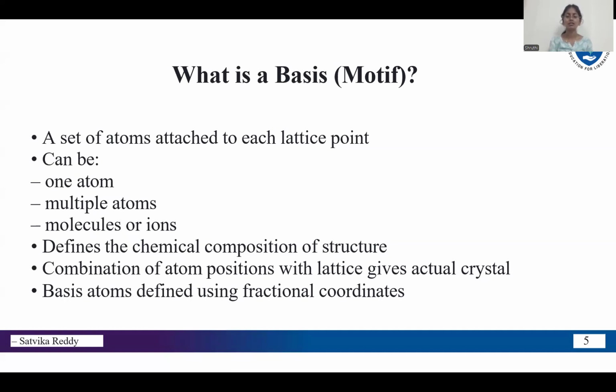Basis representation: if there are k atoms in the basis, r1, r2, and so on up to rk, these are relative atomic positions within the unit cell. A set of atoms attached to each lattice point can be one, multiple, molecules, or ions. It defines the chemical composition of the structure. The combination of atom positions with the lattice gives the actual crystal. Basis atoms are usually defined by fractional coordinates.